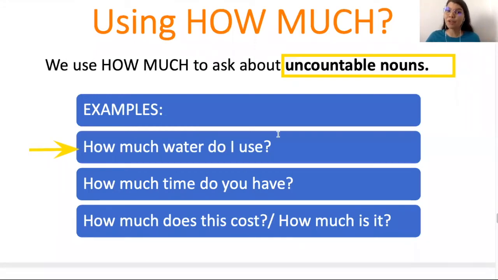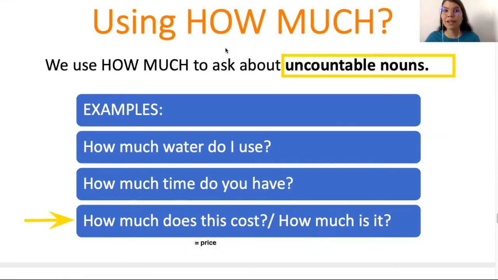You can measure water, but you cannot count water. So how much time do you have? You cannot count time. How much does this cost? How much is it? So when you're asking for price, we use how much.